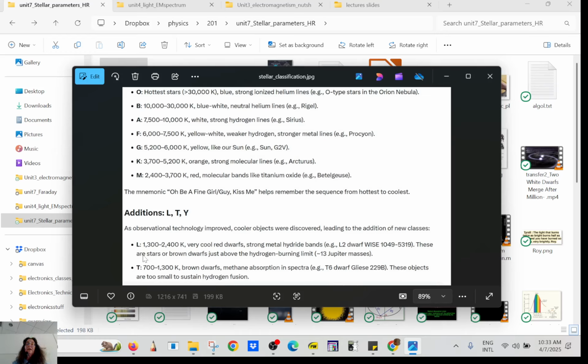L is a star, a very cool red dwarf. T is what is called a brown dwarf. A brown dwarf is a failed star. It's a star that started fusion and then stopped. And Y is also a failed star.